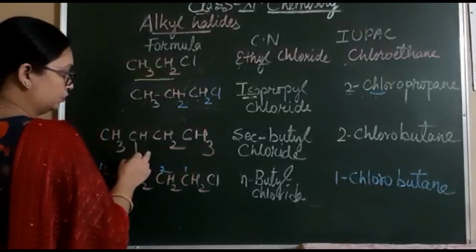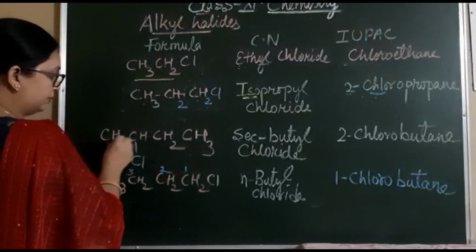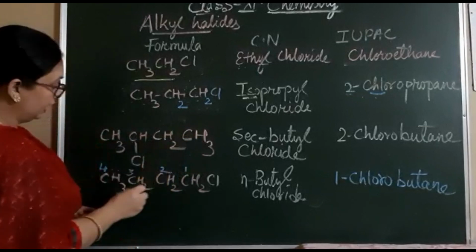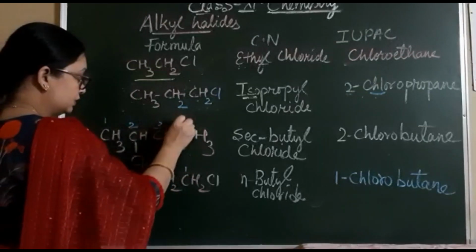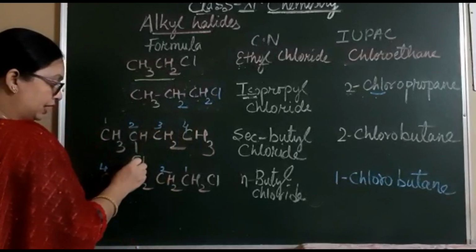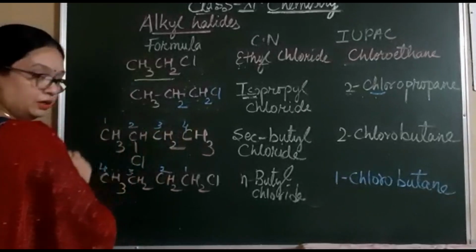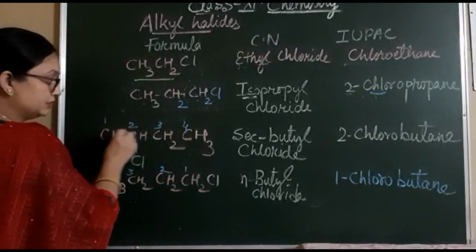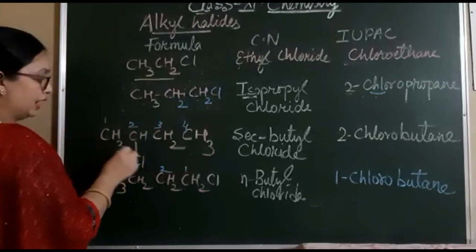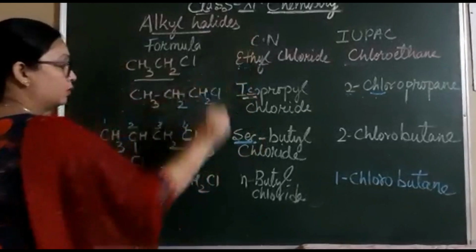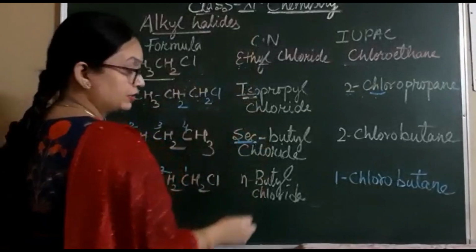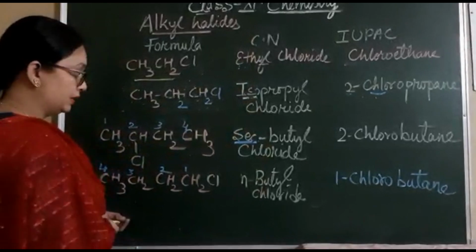Now come to this one. In this case, what do you observe? That the carbon is in a straight chain, and if I put numbering, then it will be like this. This halogen group should get the least number, and in this straight chain the halogen is attached to the second carbon. So we have to use the word secondary in the common name. Iso, secondary, tertiary we are using in the common name.